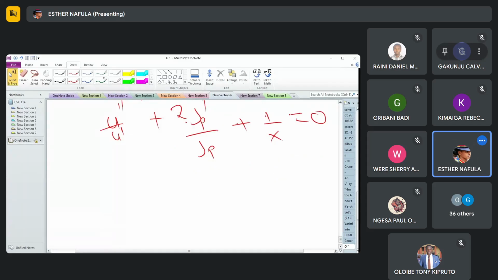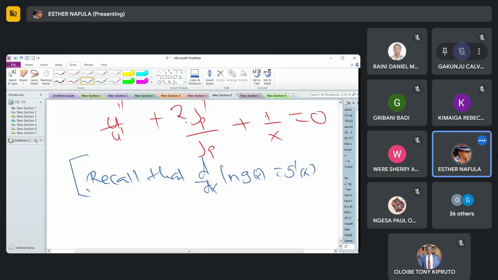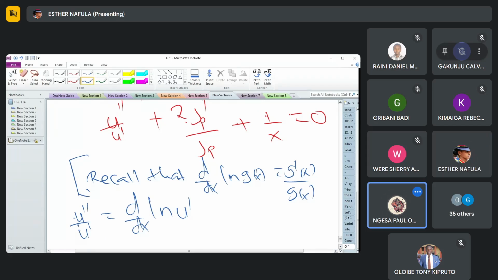From here, we can write this in terms of the derivatives using the natural log. d dx of the natural log of some function g of x is g prime of x divided by g of x. So if I argue that u double prime over u prime is equal to d dx of the natural log of u prime, is it okay? Yes.